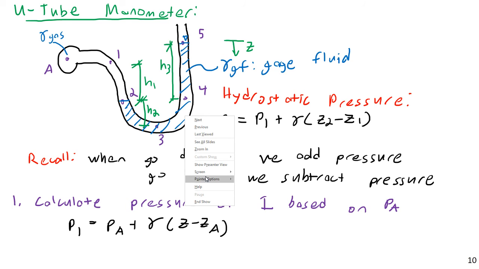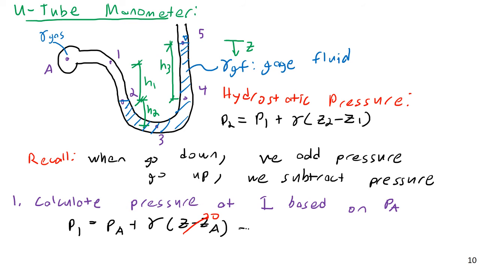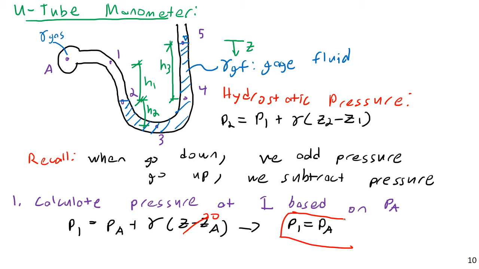However, this change in height is going to be 0, because we see that the heights are the same here. So this leads us, rather intuitively, to P1 simply equal to PA. Not really that surprising. P1 is equal to PA here.